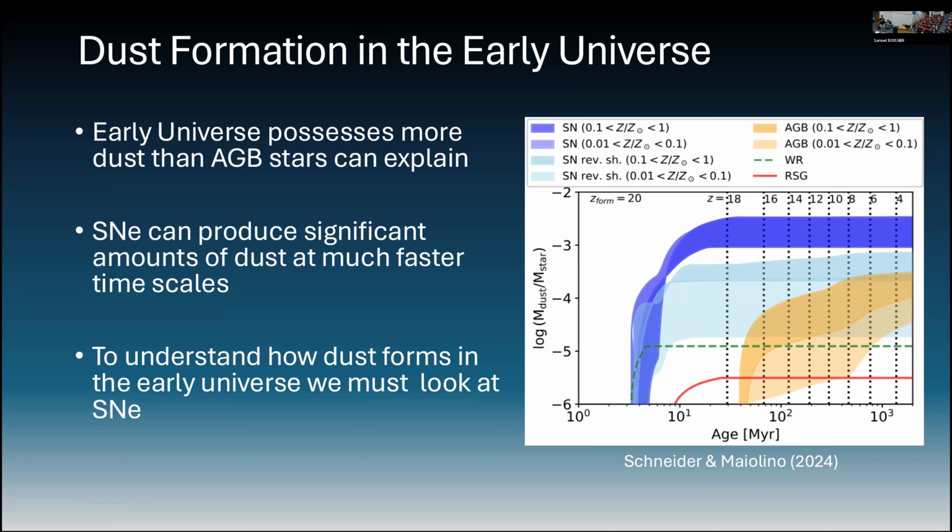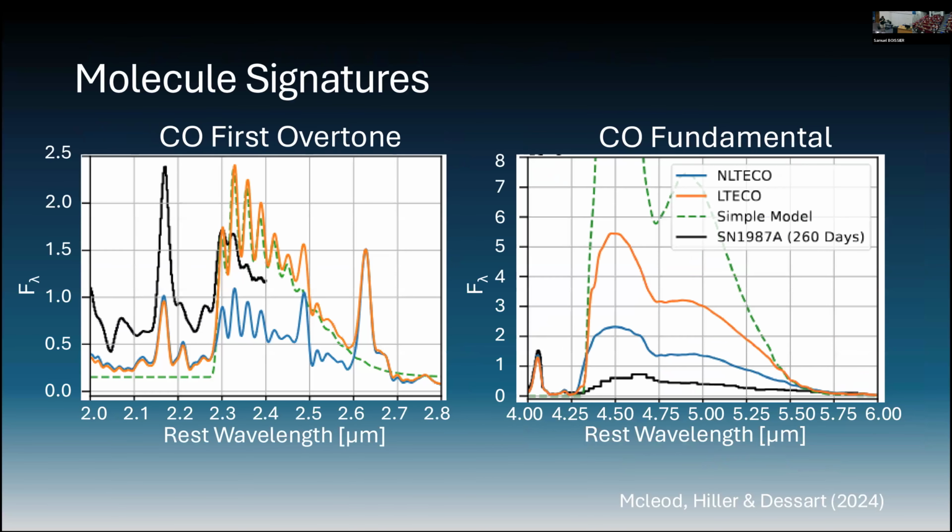However, dust formation in supernovae is not simple, requiring a very specific range of ejecta temperature and velocities in order to facilitate this dust formation. One mechanism that occurs to get the ejecta into the correct temperature and velocity range is through the formation of molecules within the ejecta.